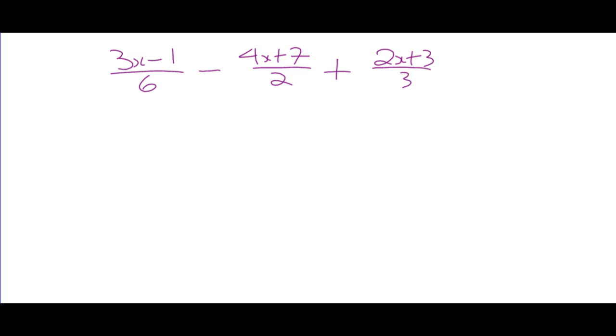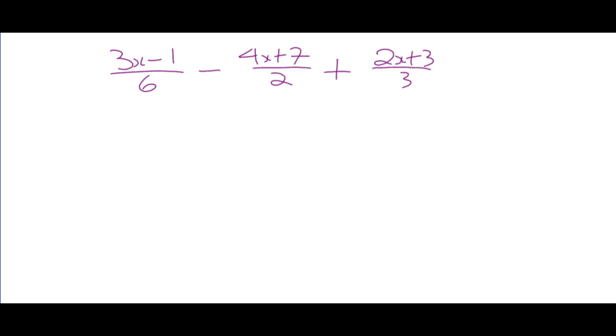Okay, so let's use this idea, and let's say we have (3x minus 1) over 6 minus (4x plus 7) over 2 plus (2x plus 3) over 3. Let that sink in for a moment. First of all, we've got to factor stuff. There's nothing to factor here. Are there any restrictions?